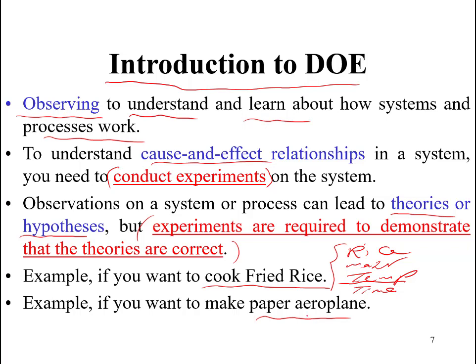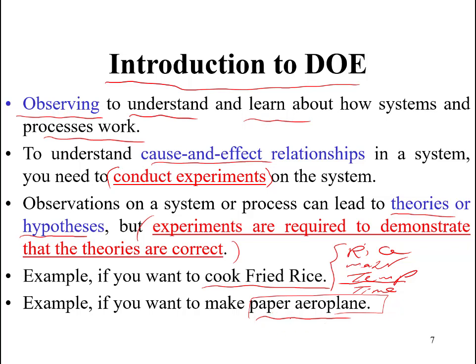Again, you need to know what should be the size of the different parts, the paper which you choose, and everything related to a paper aeroplane, so you can have a better design to have a paper aeroplane with better performance. I don't know, the longer distance it can travel or it lasts longer.